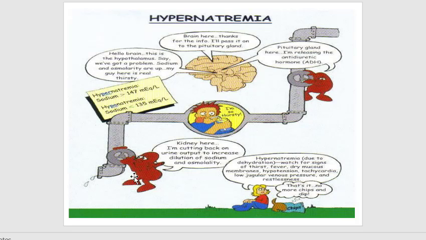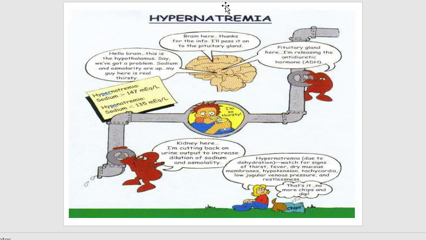So if you have high salt and a little bit of fluid, hypernatremia, and you send this antidiuretic hormone that tells the kidneys to hold on to the water, then you will have salt and water at the same level, okay?